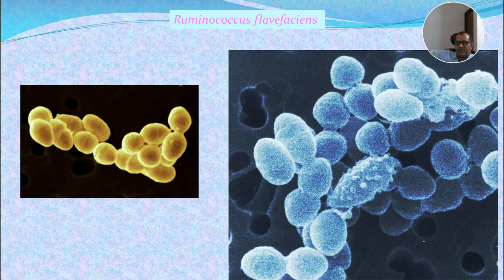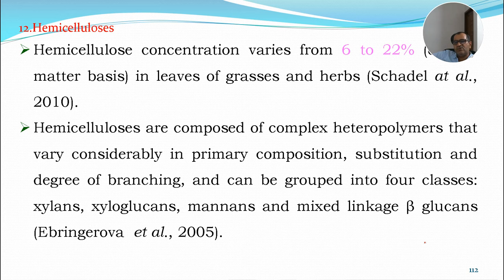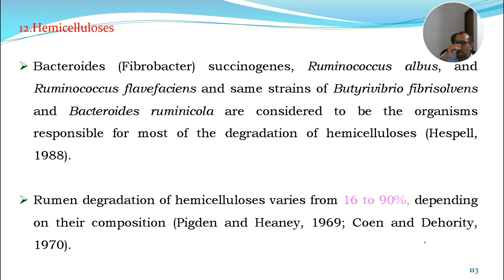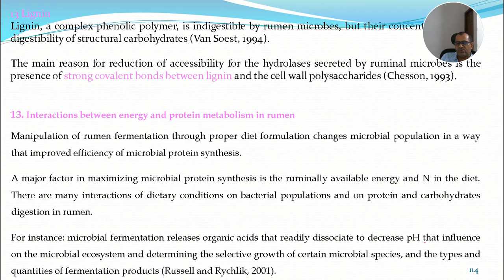This is microscopic, or sometimes diagrammatic representations are also there. Then the hemicellulose is also digested, and we know already the process: xylans, xyloglucans, mannans, and mixed with beta glucans. So hemicellulose is digested to the extent of 16 to 90% depending upon its composition.